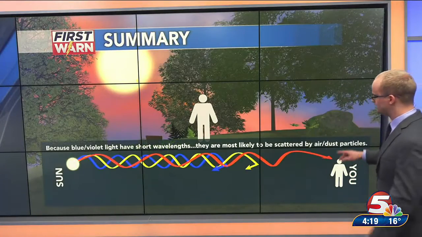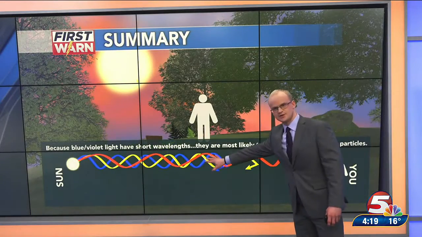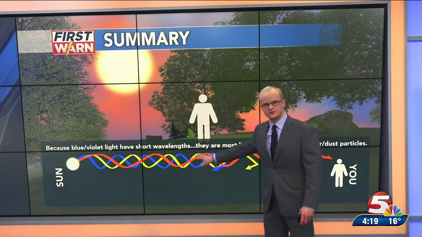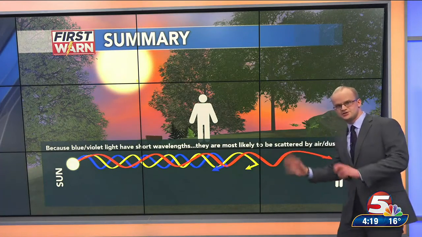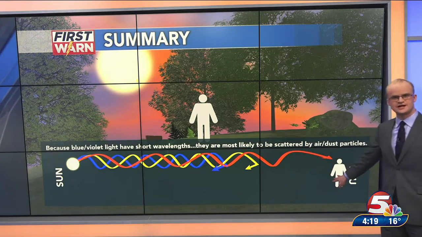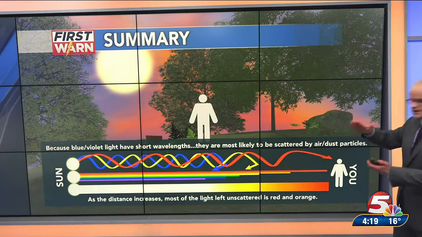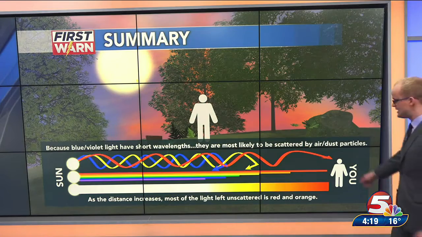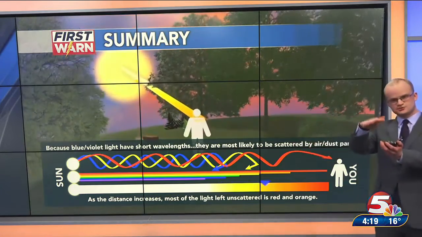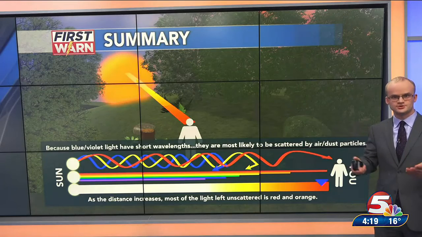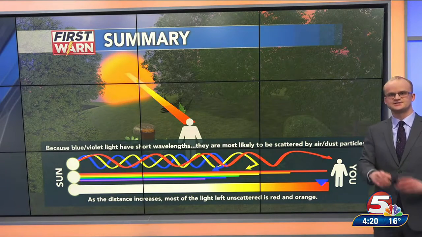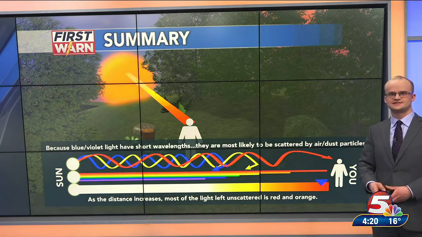So a summary of all of this is that when the sun is coming through the atmosphere with the full spectrum of colors, the blue and the other colors of light are scattered out, leaving only those oranges and reds by the time it reaches us, when that sun is a lot lower in the atmosphere. So that's why when the sun gets really low on the horizon, and especially with some smoke or other particles in the atmosphere, that can enhance the sunsets with more scattering of that sunlight.